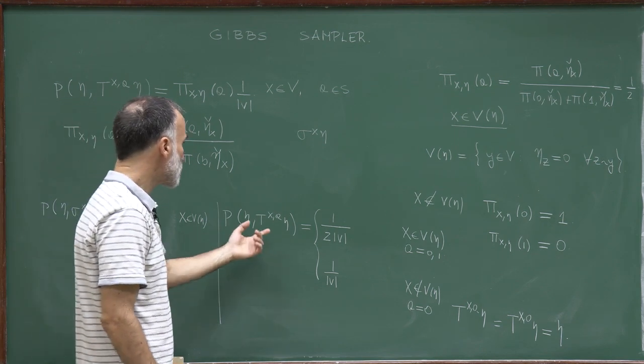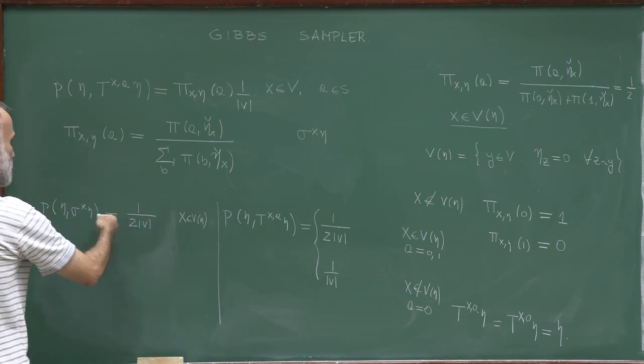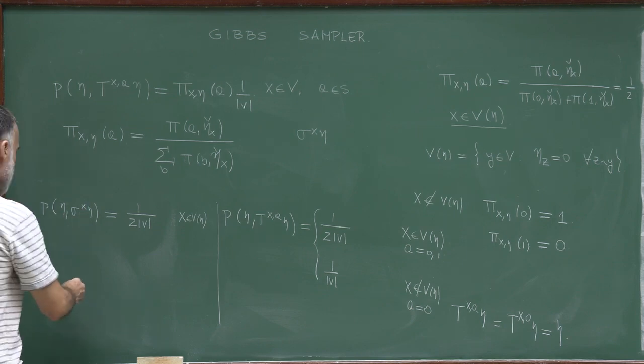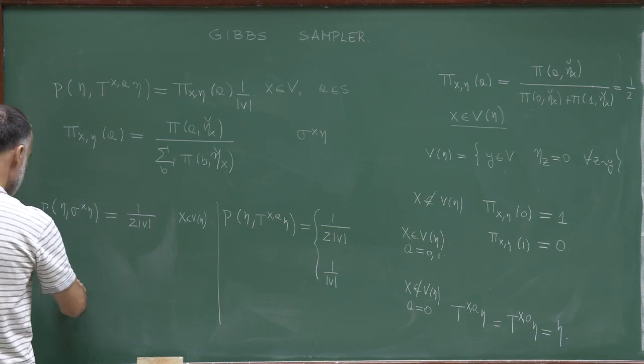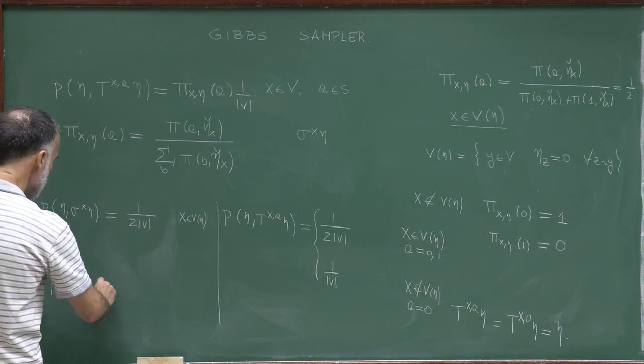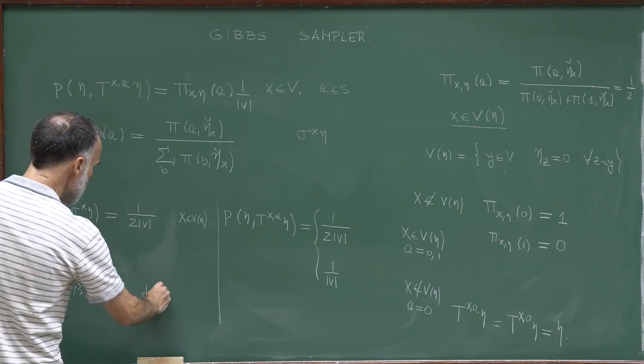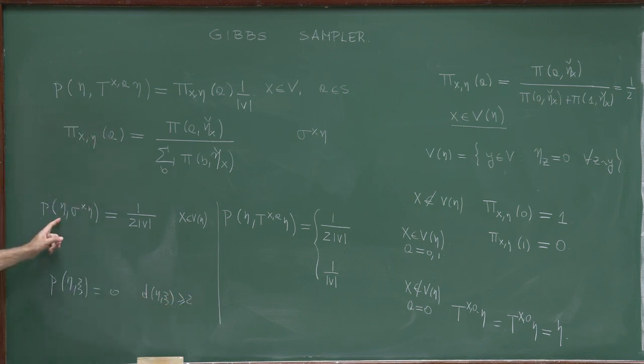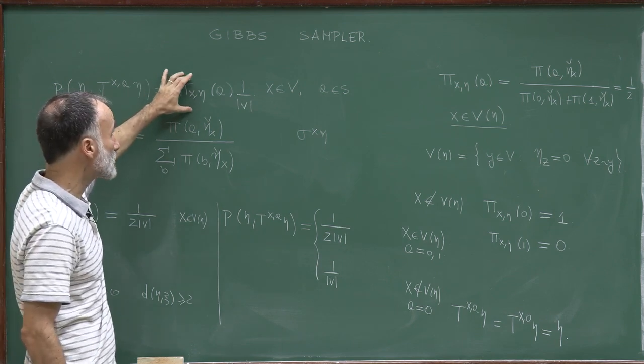And, well, remember, this is the only case, the only configurations to which you are allowed to jump. All the other configurations: p(eta, xi) will be equal to 0 if the distance from eta to xi is larger than 2. If the distance from eta to xi is equal to 1, then we are in one of these cases.